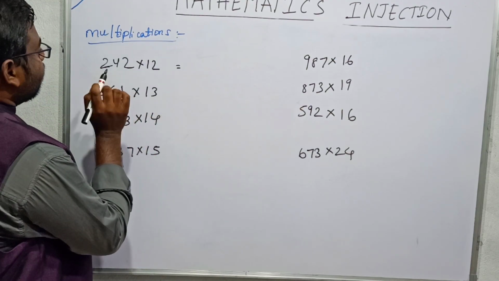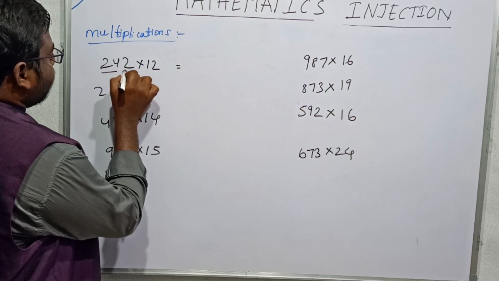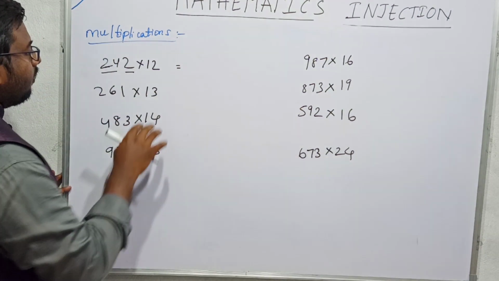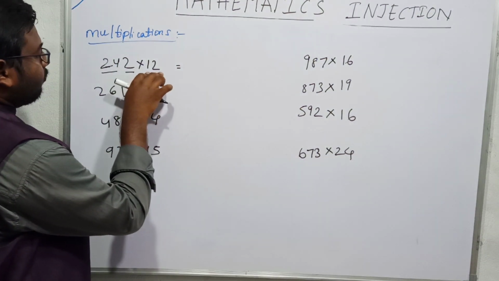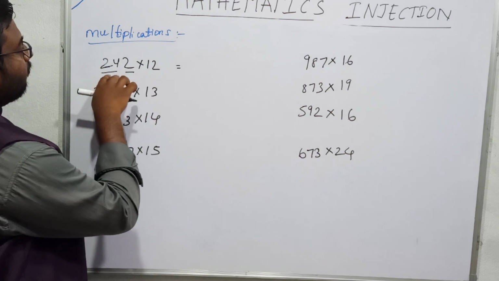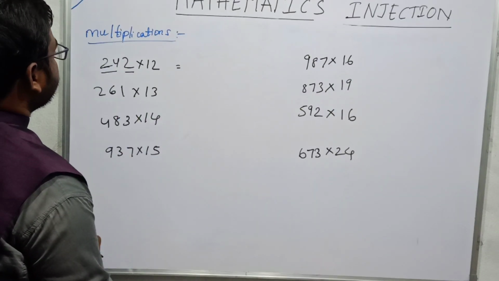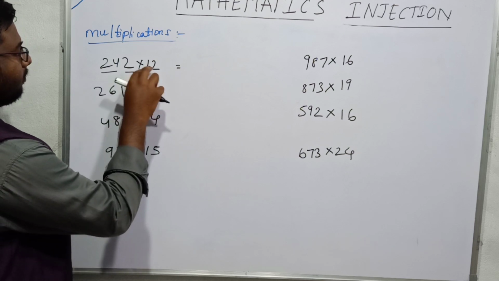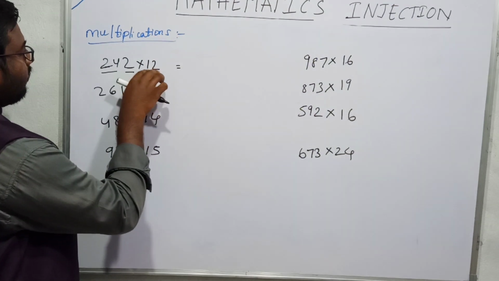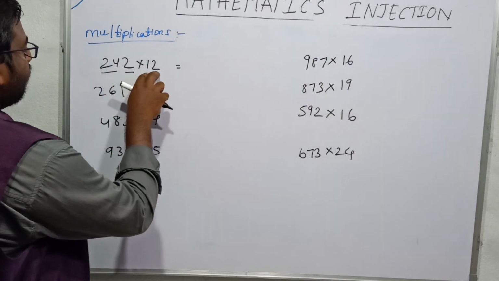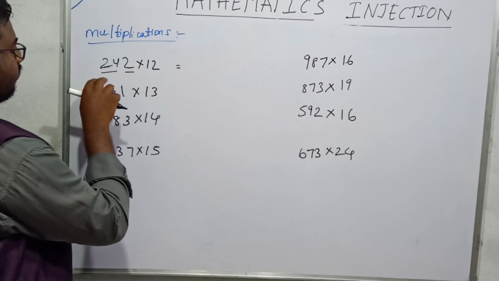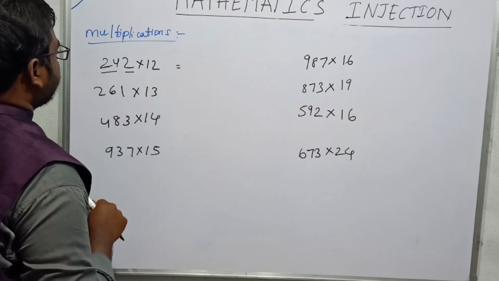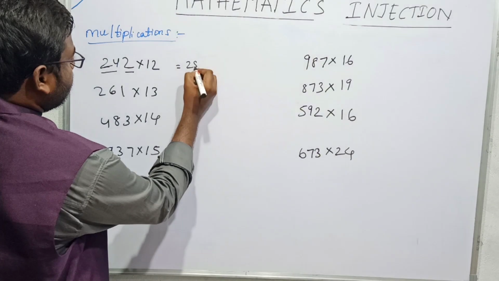Now we will split it into 24 and 2, because up to now we learned how to multiply a 2-digit number with a 2-digit number, where one of these numbers is known. So we know the multiplication with 12, so we will multiply this 12 with 24. 12 into 24: 12 2s are 24 plus 4, 28, 288.